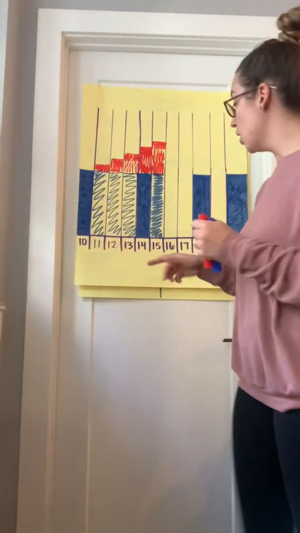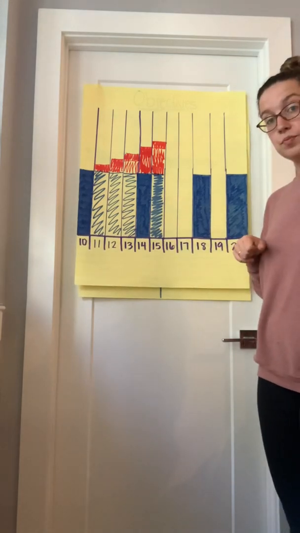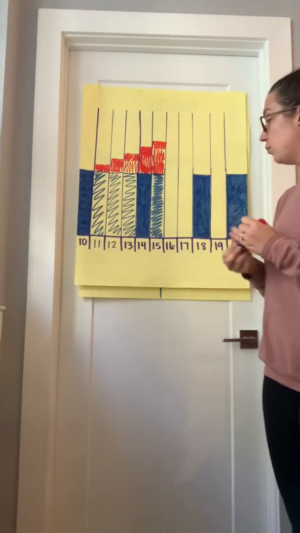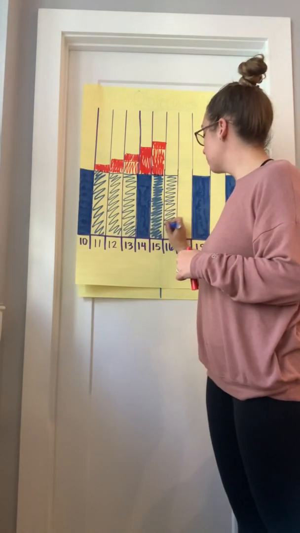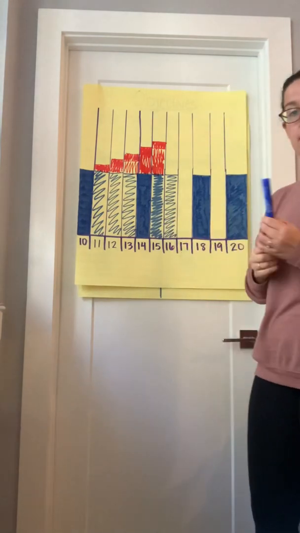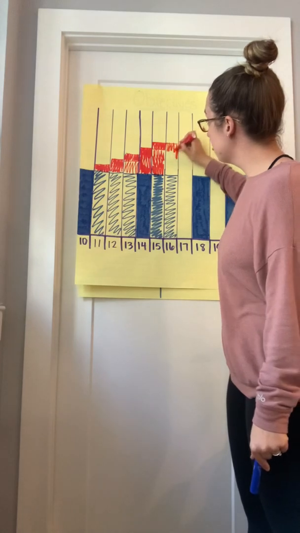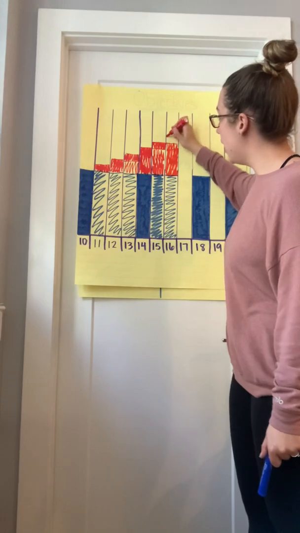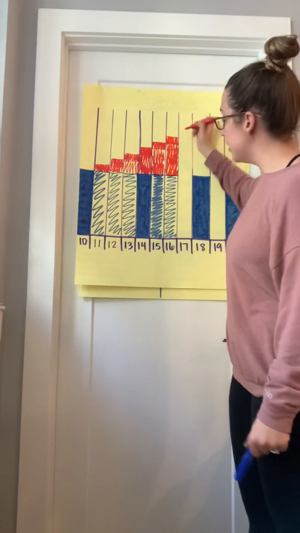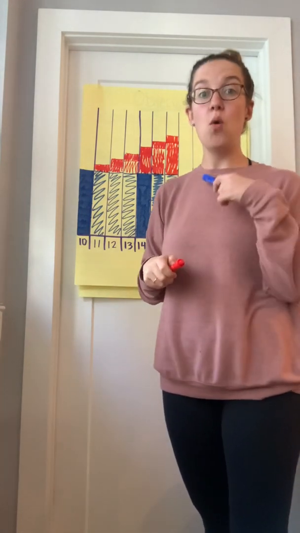Let's keep going. Now, how many are we going to add from 15 to get to 16? 1. So we have 10. Then we have our 5 from 15. One more is 16. So 15, 1 more is 16. Nice.